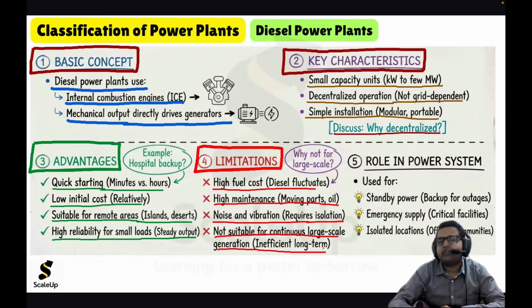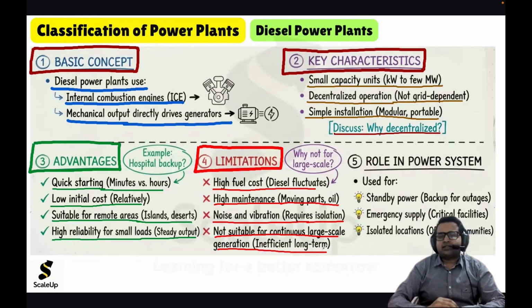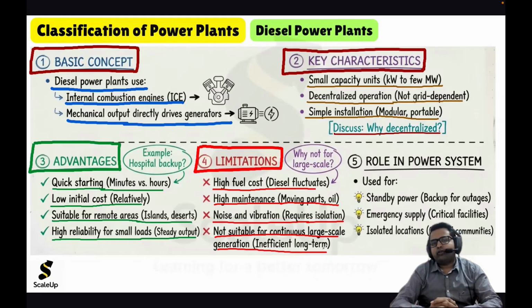It is inefficient for long term. Long term, we cannot use it. And for large scale generation, a large quantity of fuel will be needed, so economics will be very expensive then. So it is not suitable for large scale. It is suitable for small loads, for steady output, not for continuous output.